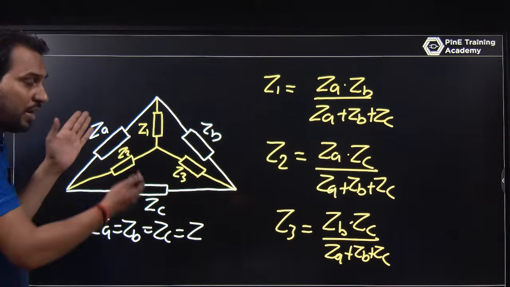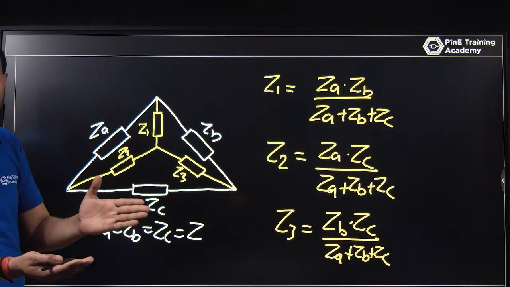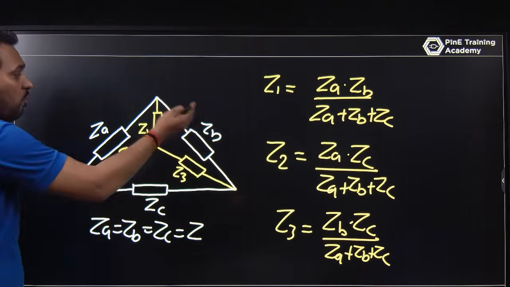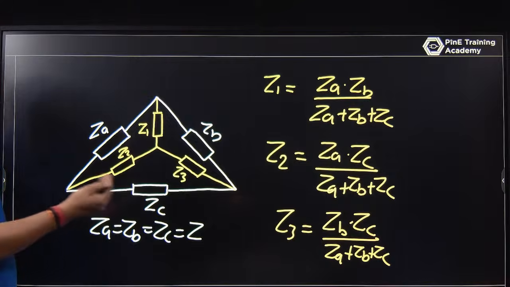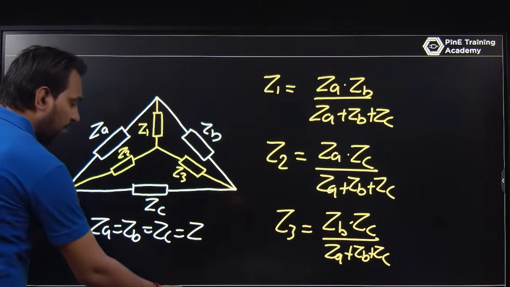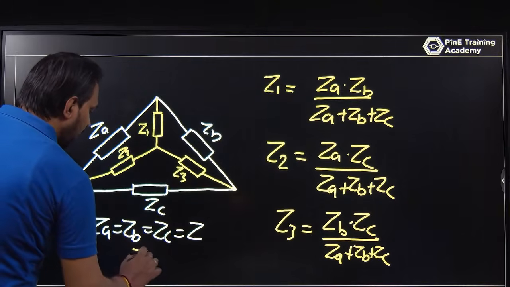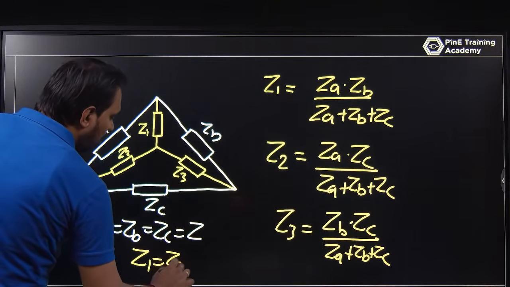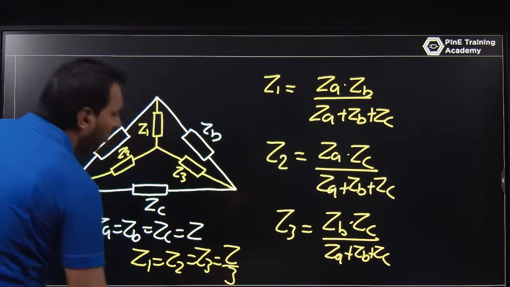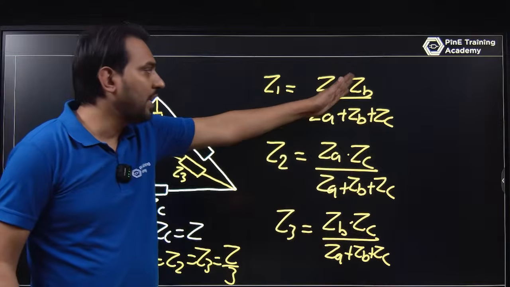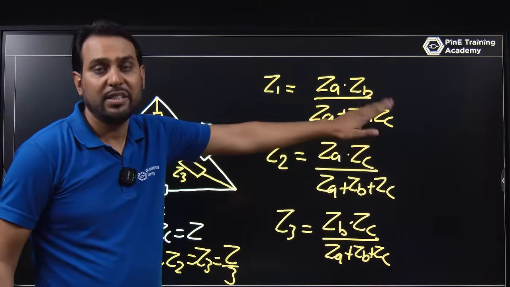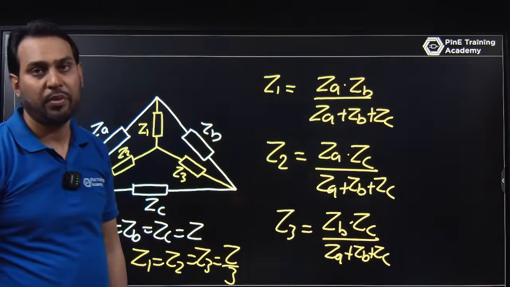So whenever you convert a delta into a star, and the delta values are the same, let's say 3 ohm, 3 ohm, 3 ohm, then each will be 1 ohm. Why? Because it will be Z by 3. So Z1 or Z2 or Z3 will be Z by 3. How? Z into Z, that is Z square, upon Z plus Z plus Z, that is Z square upon 3Z. Z is cancelled out, that is Z by 3.